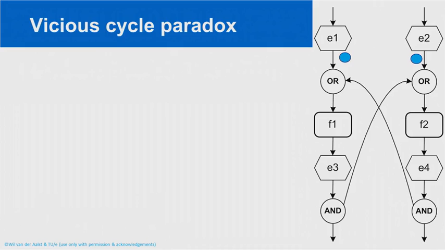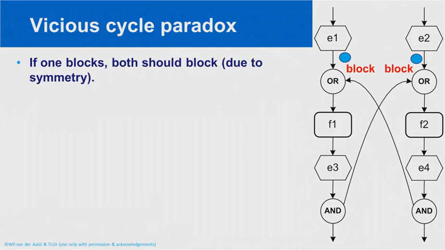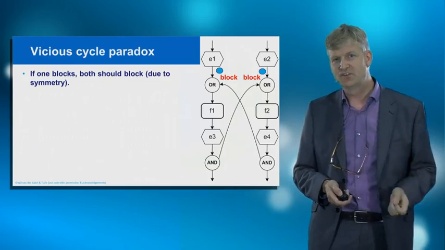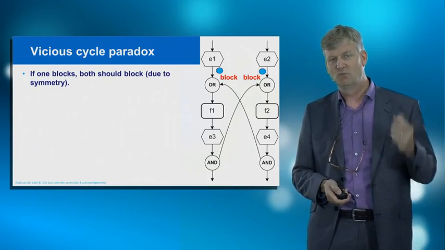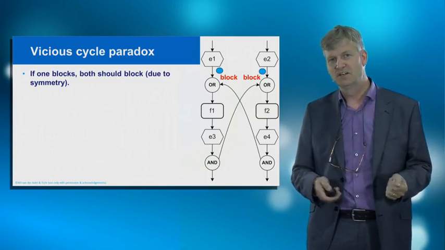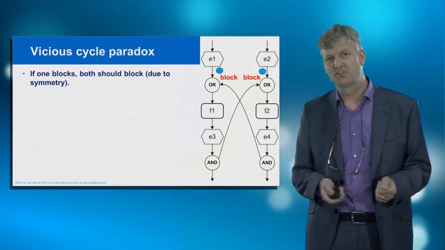So if you look at this initial situation, where there are two tokens in front of these two OR joins, the question is, can additional tokens arrive through these two other inputs that these two OR joins have? Well, suppose that you say that is not the case. Then one OR join should block, and because of symmetry, the other should also block.